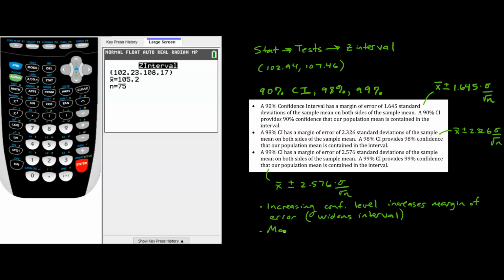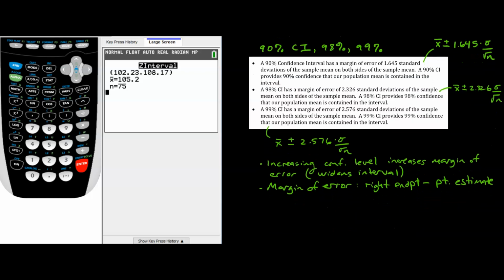I'll say in the calculator, margin of error can be found, so we can avoid these formulas, and it is the right endpoint minus the point estimate, or we can likewise say that it would be the point estimate minus the left endpoint.